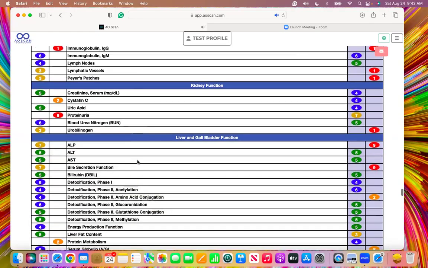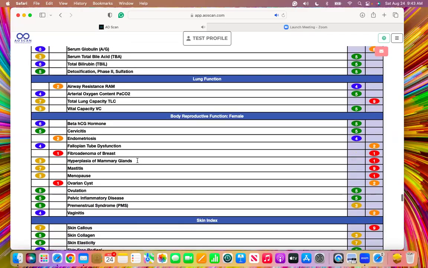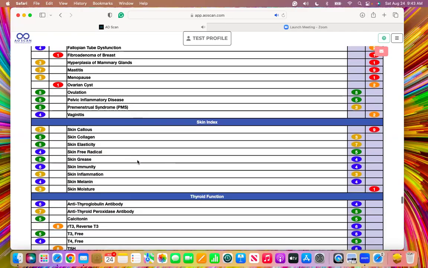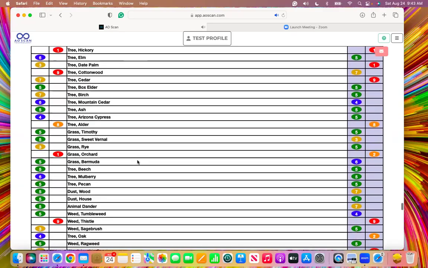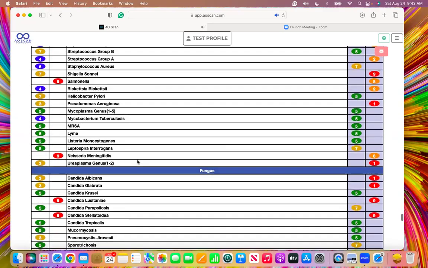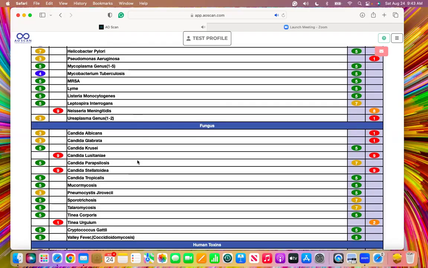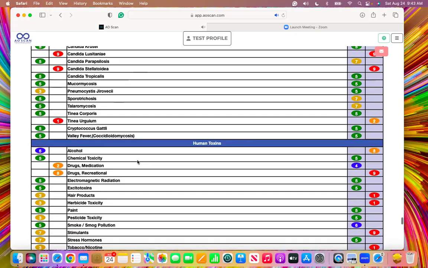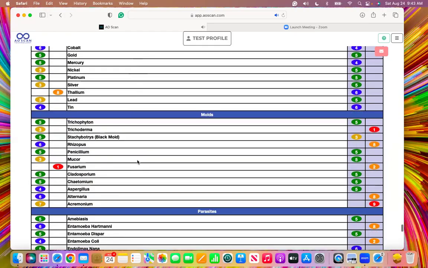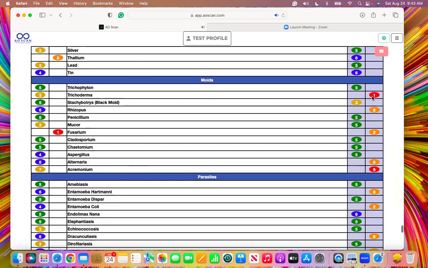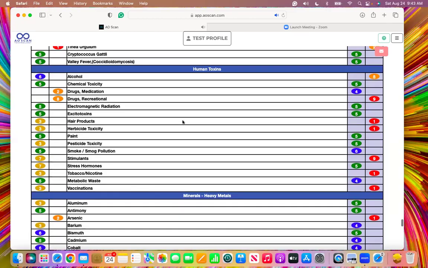Some of the other areas we want to look at are estrogen dominance, so that's where you want to look at your hormones. And then we definitely want to look at mold exposure, which we have here in this category. There are quite a few markers showing up in the mold exposure. Then obviously the leaky gut, so all of the gut and digestion.